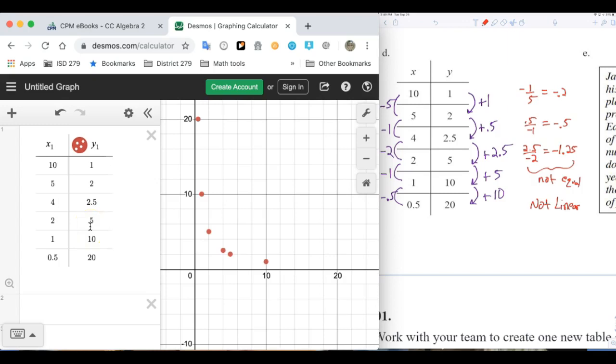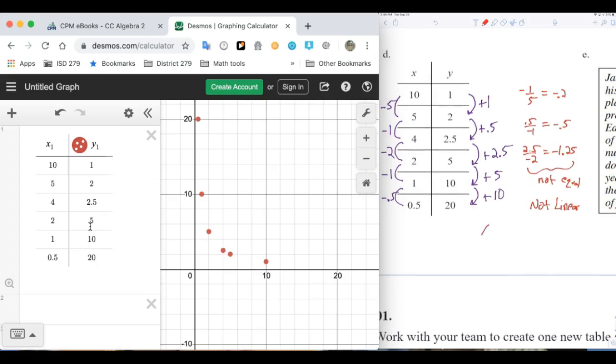So if I wanted to come up with an equation, I'm noticing that xy seems to be 10, so I could write y is 10 divided by x instead of 10 times x. That's a different kind of relationship, and I wouldn't necessarily expect you to be able to come up with that equation right now.